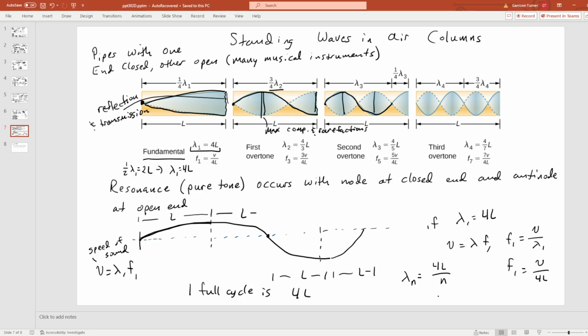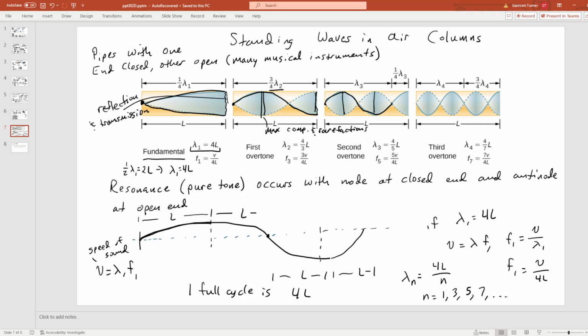But you'll notice that none of these contain even numbers. So n is just equal to 1, 3, 5, 7, etc., where 1 is, of course, your fundamental tone.